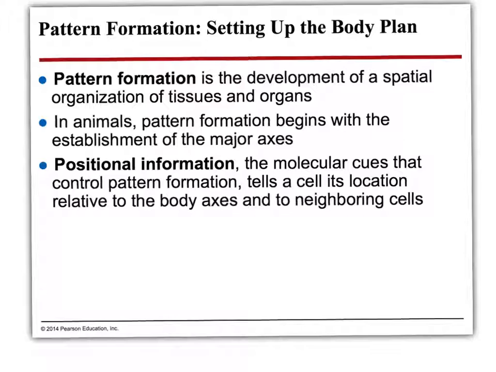This is very important because where there's problems with that, say in Drosophila, you end up with legs on your head and wings on the head and not on the thorax or on the abdomen, and problems. So this positional information is dependent upon molecular cues that control pattern formation.